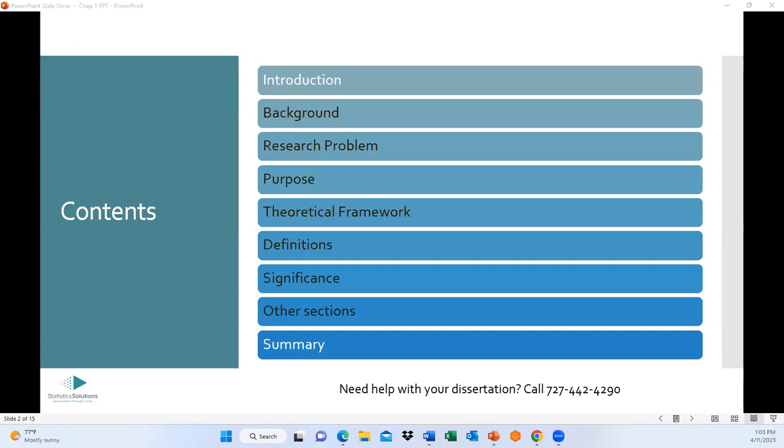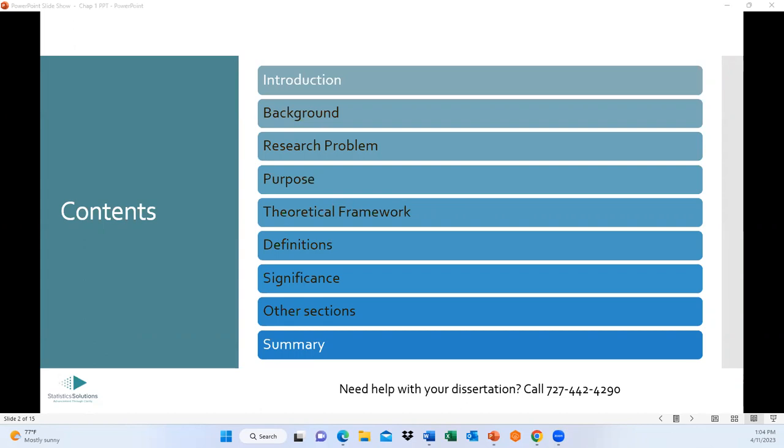The what, the why, and the how, right? So the what, your topic: what are you going to be researching? What are you going to be studying? The why: why are you going to be doing it? What drives the need for the study? Why is the study needed? And the how, this is the methodology, which is going to be worked out much more fully in chapter 3 later, but usually there's some mention and some discussion of the methodology in chapter 1.